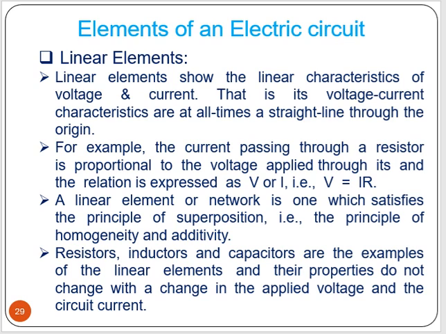For example, the current passing through a resistor is proportional to the voltage applied across it, and the relation is expressed as V equal to IR, right? So this is nothing but a straight line equation, and the straight line equation is y equals mx plus c. Here what is the value of c? Nothing but 0. So it starts from the origin, not from any other value. That part we have to take care of.